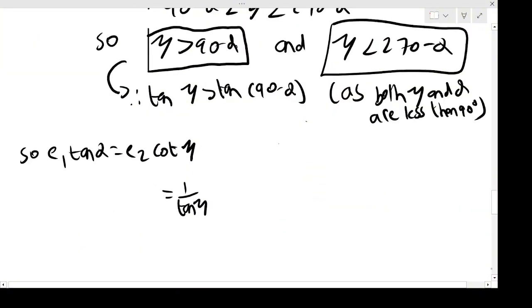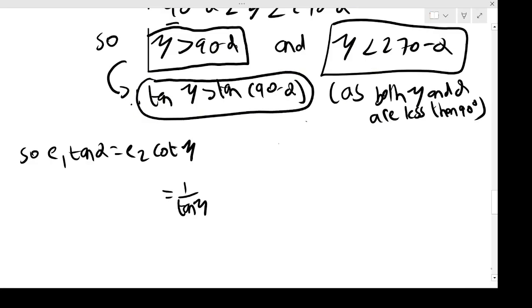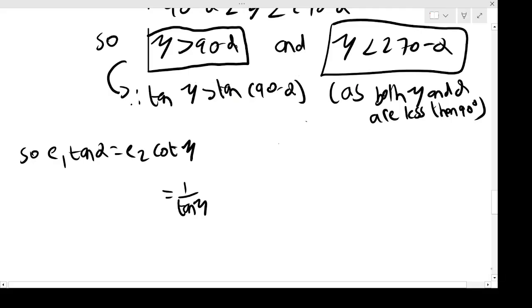At that point, we're just going to be doing some trig to simplify. So we've got to this point here: we gathered that gamma is greater than 90 minus alpha, then we just took tan of both sides effectively. Now, we have tan gamma and we have tan of 90 minus alpha.